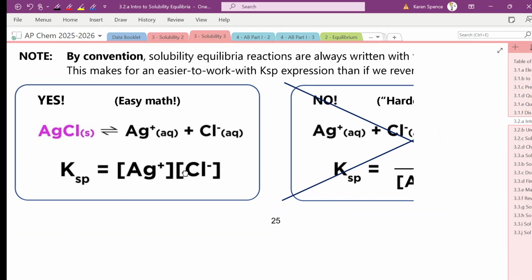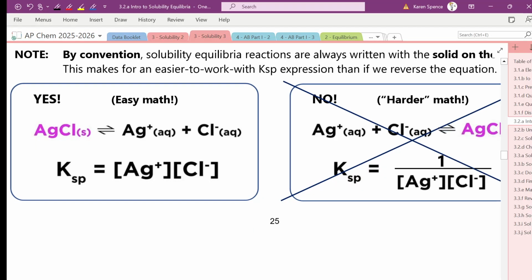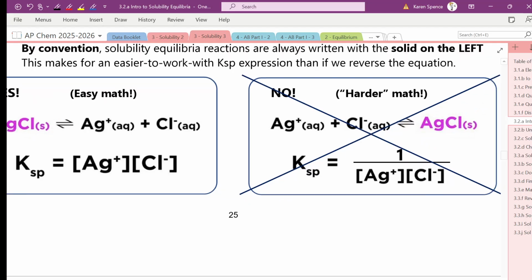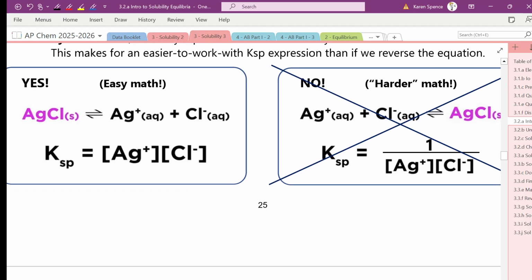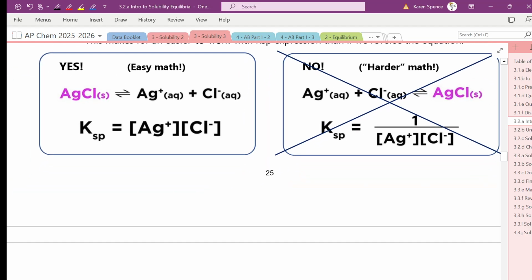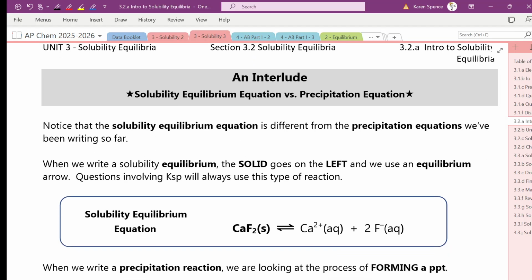Okay, so my guess is that they chose it because this way is easier math, yeah? Rather than doing 1 over silver and chloride, all right? So that is our Ksp expression.